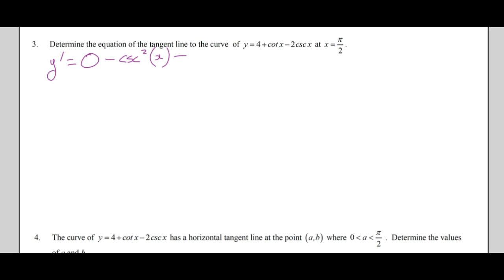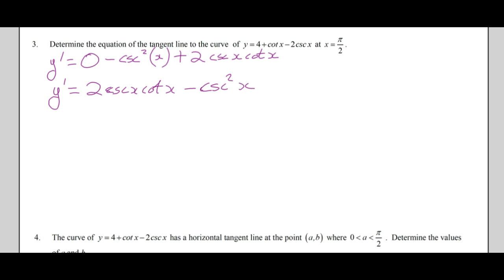Negative cosecant cotangent. Okay, so that'll be a plus 2 cosecant cotangent. Okay, so let's just rearrange. So let's go with the positive. So 2 cosecant cotangent minus cosecant squared of x.